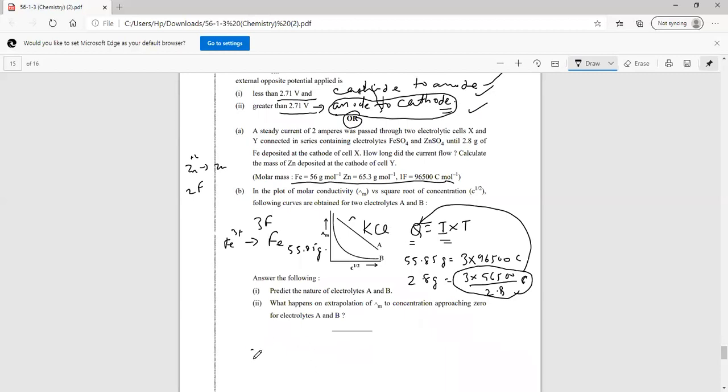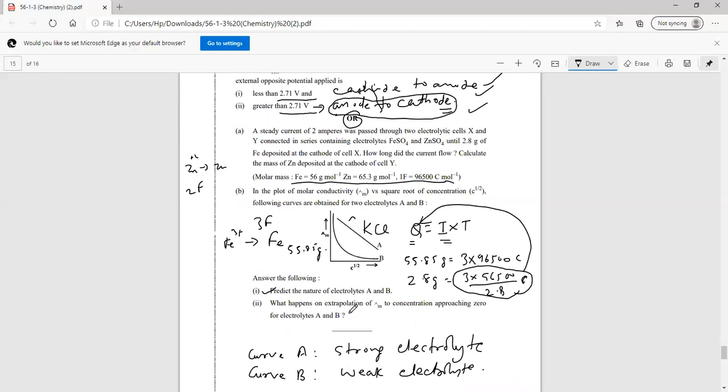So curve A represents a strong electrolyte. And curve B represents weak electrolyte. Nothing much. We just had to predict it.